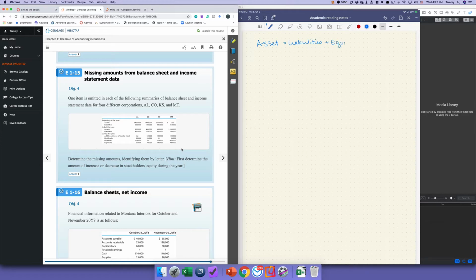Right, but we have to add another twist, right? One of the equity accounts is retained earnings, right? So retained earnings is part of equity.